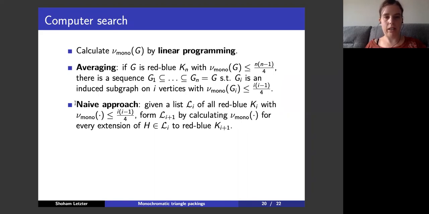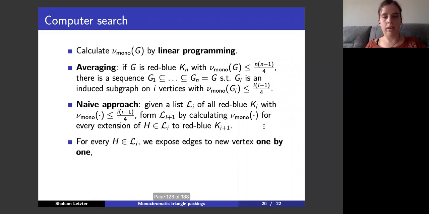However, this gets a bit slow when you look at n equals 20 and you have one example, then the total number of ways of extending it is 2 to the 20, so that's already quite a lot. So one way to speed things up a little bit in our algorithm is to expose the edges to the new vertex one by one.